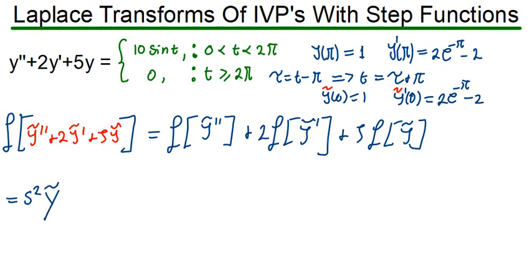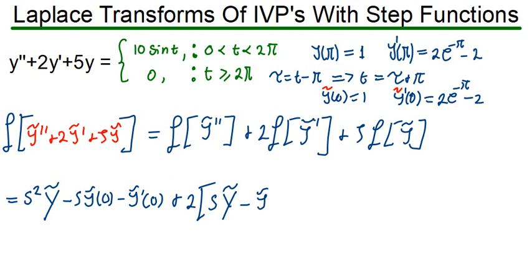Then minus s times y tilde of 0, minus y tilde prime of 0. This is for the first one. Then for the second term, I'll have 2 multiplied by s, uppercase Y tilde, minus y tilde of 0, plus 5 times uppercase Y tilde.